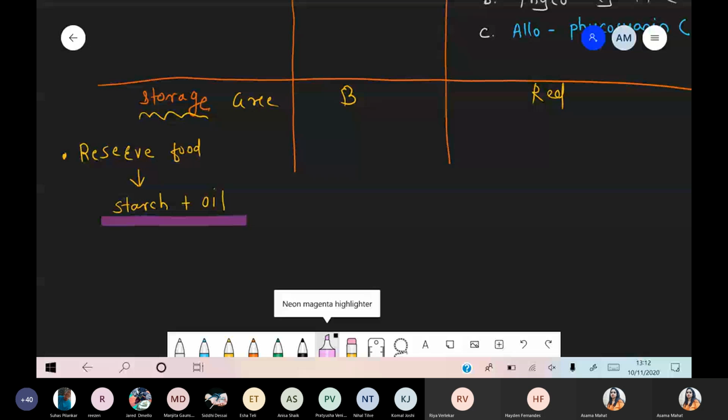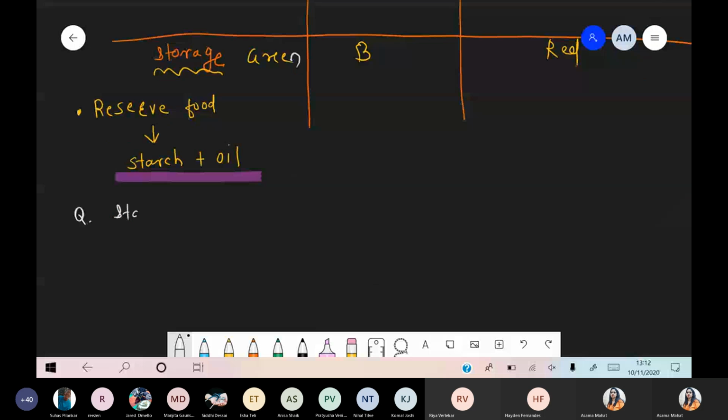Second point, in case of this green algae, there is one very unique question. The starch storing body is called pyrenoids.